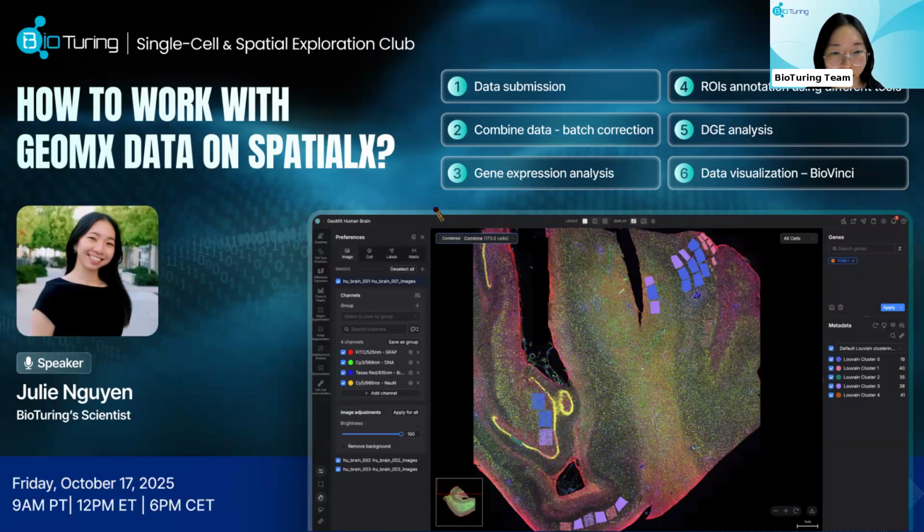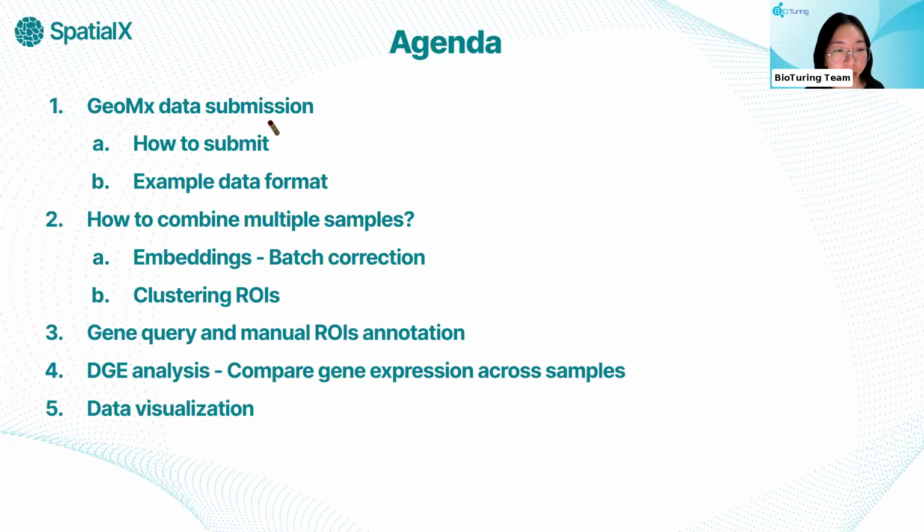So the agenda for today's club is how to submit GeoMx data on SpatialX, how to look at the data format, and how to grab that data from the GeoMx platform itself. Then once that data is on the platform, I'll show you how you can combine multiple samples, perform batch correction, and perform the embedding and clustering as well.